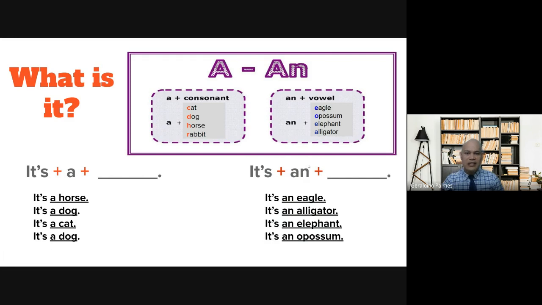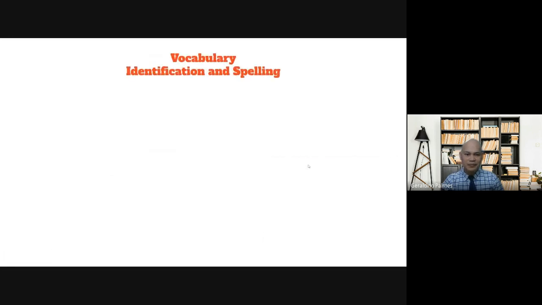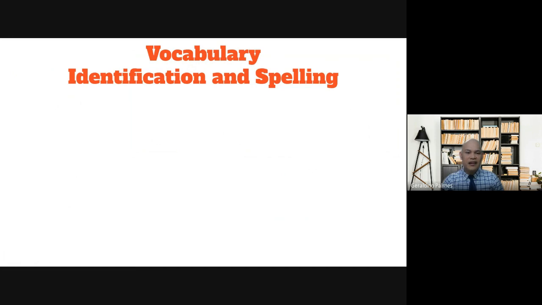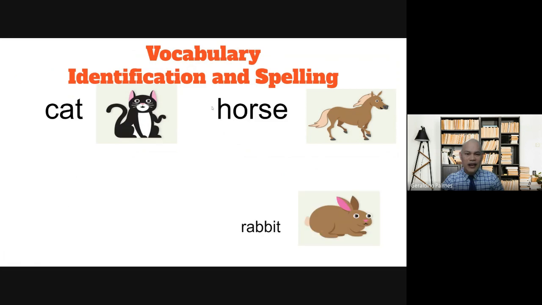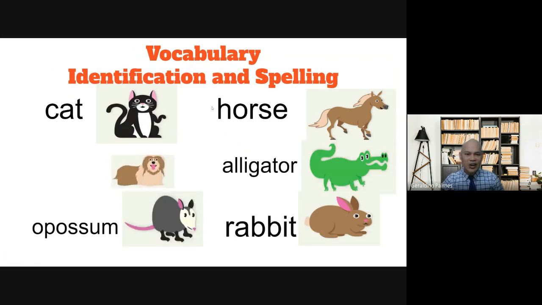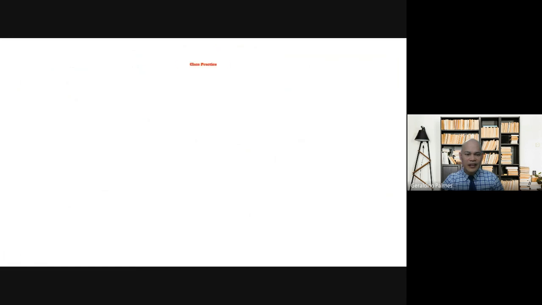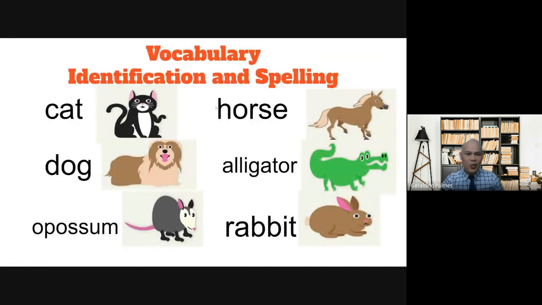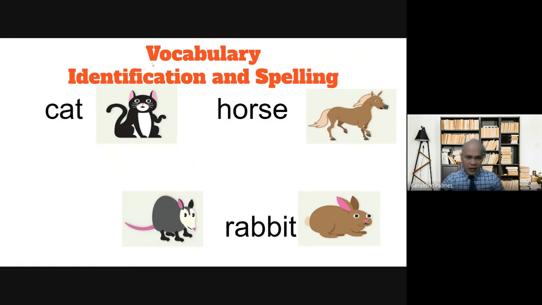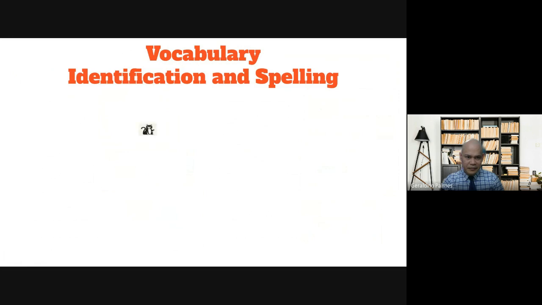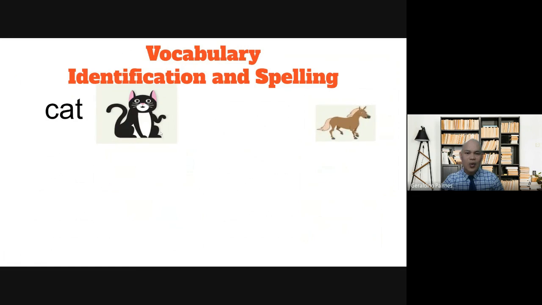So now let's find out if you can remember. These are the vocabulary we learned last time, and we have spelled them. Let's do it one more time. What is it? It's a cat. What is it?